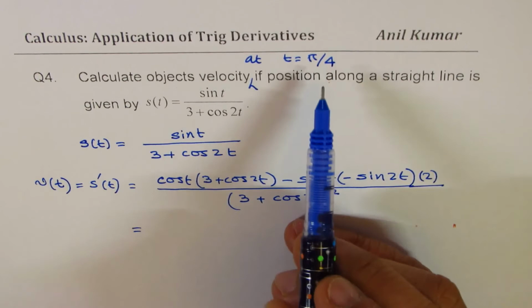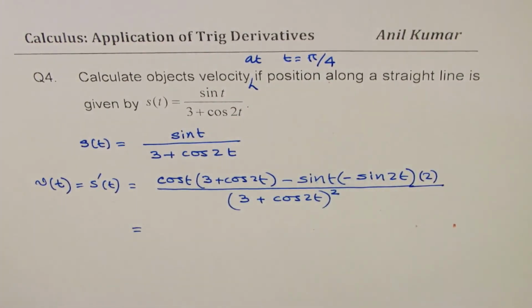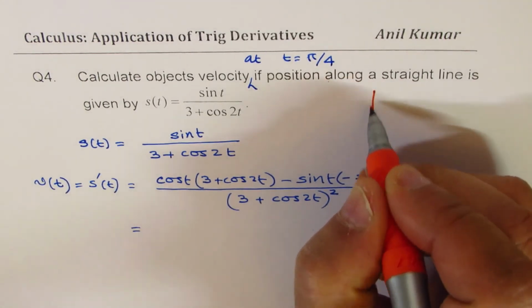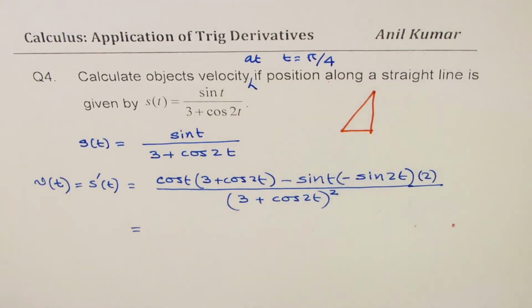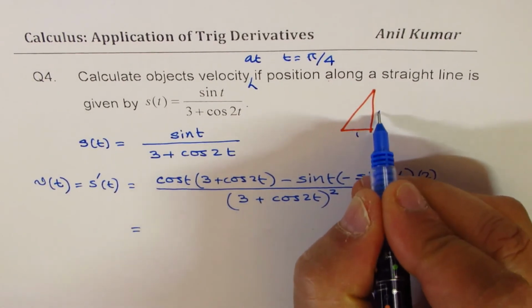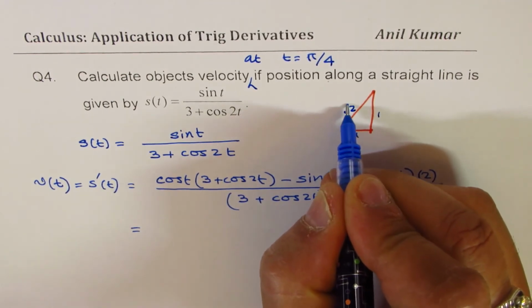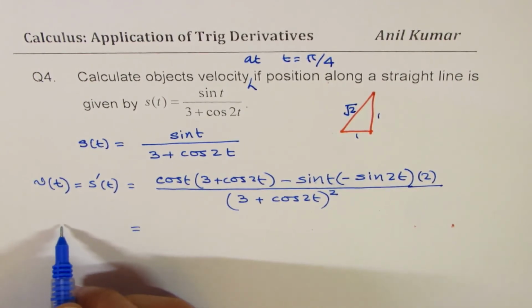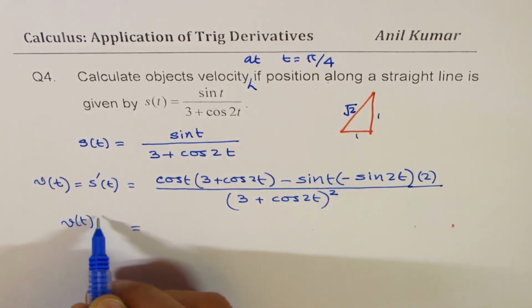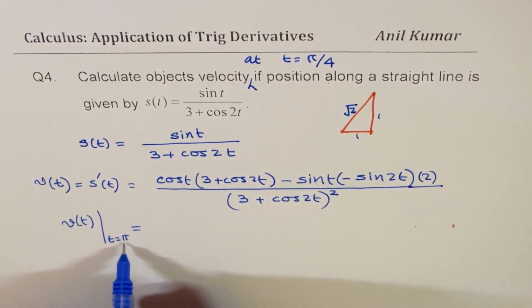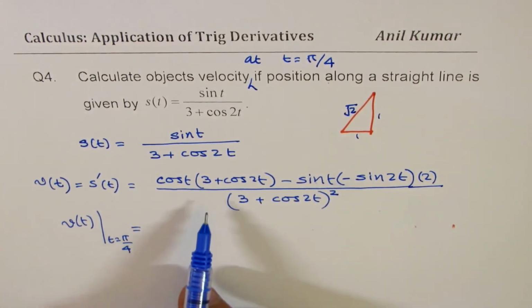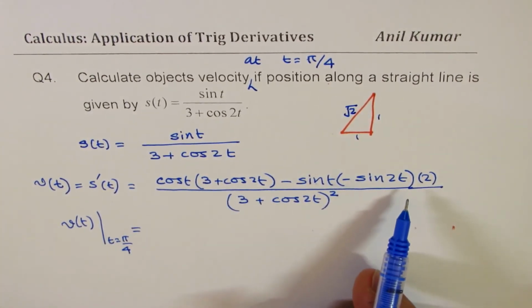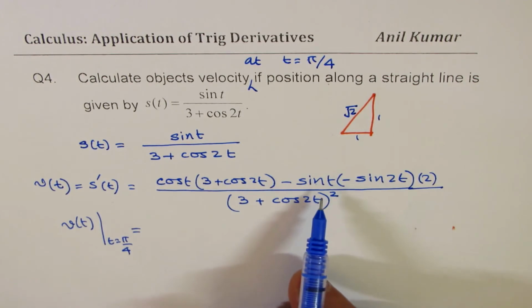So we'll find velocity at t equals pi by 4. Since we need to find velocity at t equals pi by 4, let's use the same pi by 4 triangle, where the sides are 1, 1, square root 2. In this expression, let's find velocity at t equals pi by 4. We can directly substitute the values and find the answer.